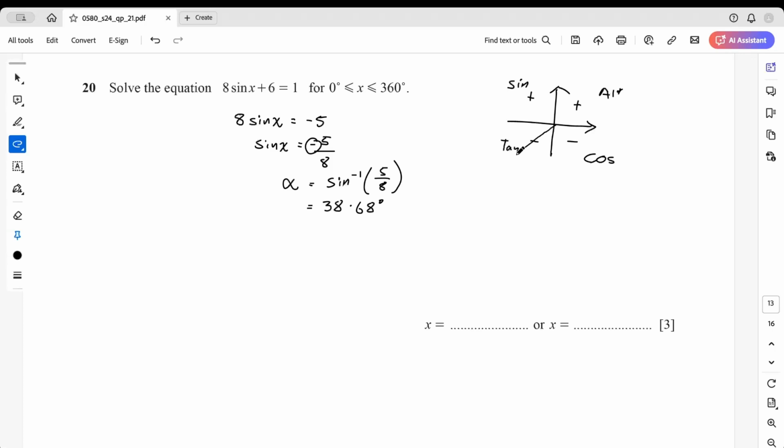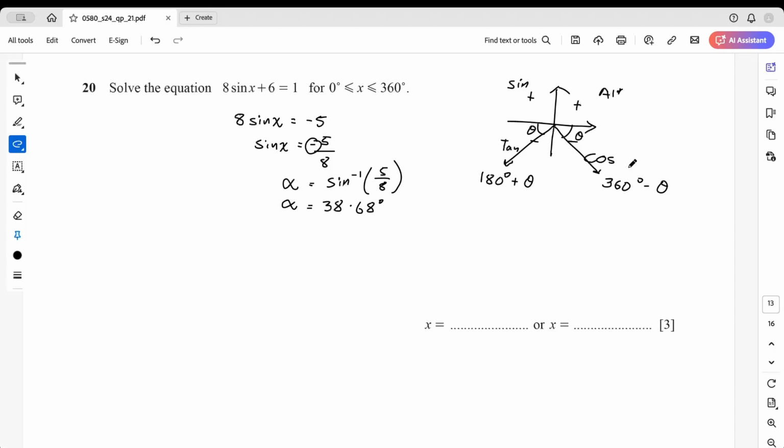So if we have a theta angle here, for example, this will be 180 degrees plus your angle theta, and over here, if your theta is here, this will be 360 degrees minus theta. So this is our quote-unquote theta, this is our alpha, our basic angle.